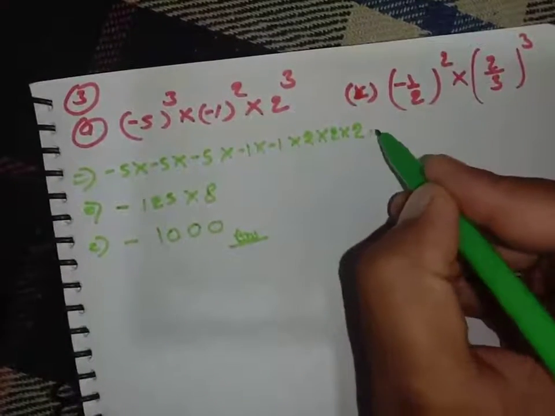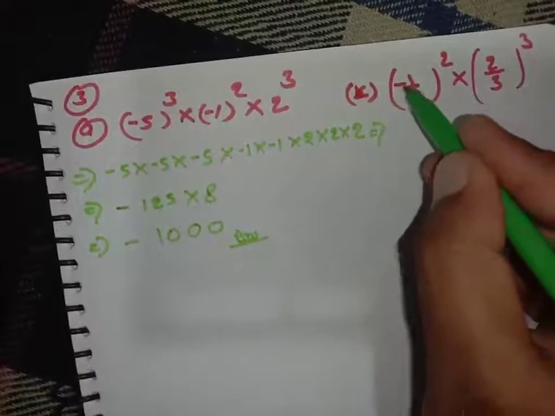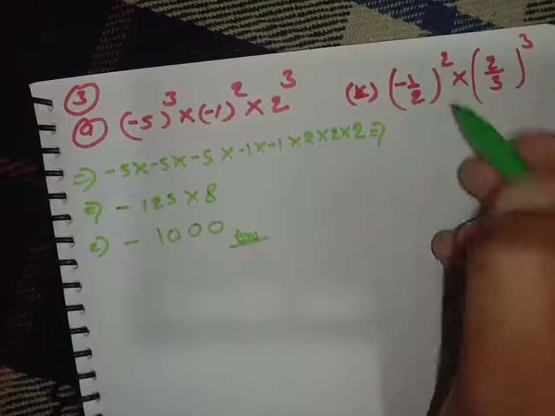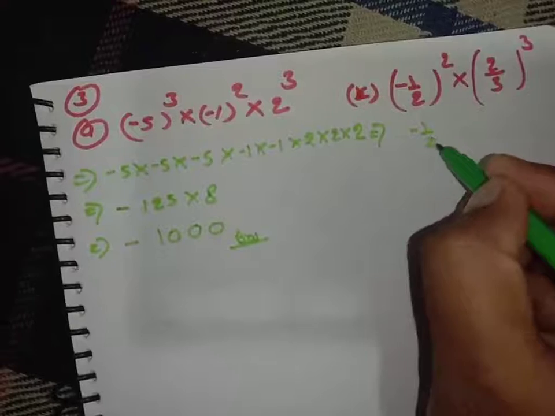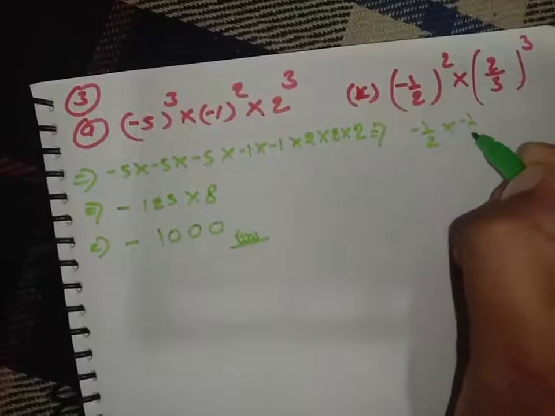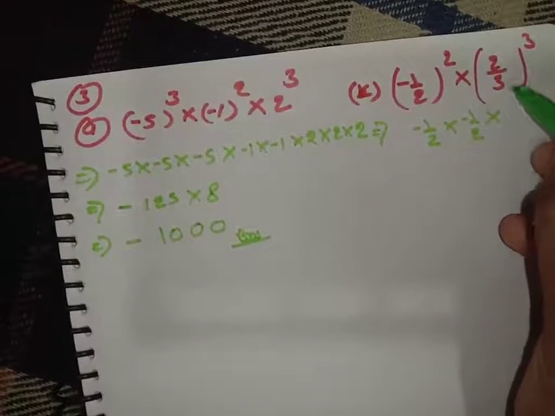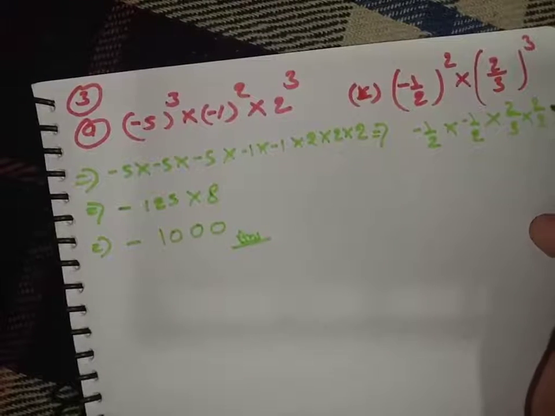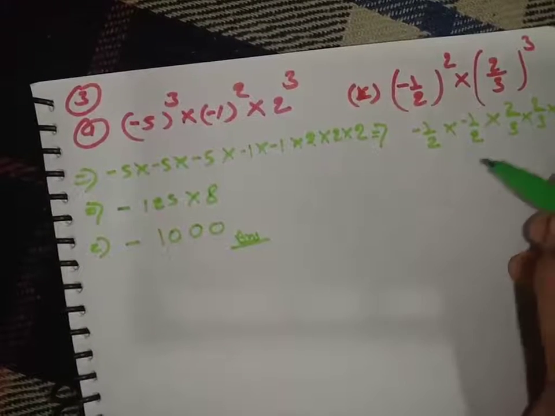Next, minus 1 by 2 to the power 2: minus 1 by 2 into minus 1 by 2, into 2 by 3 into 2 by 3 into 2 by 3.